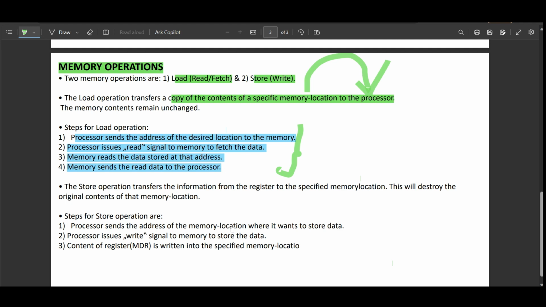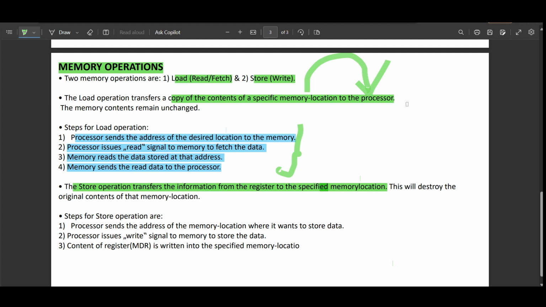It depends upon the operation. If the result needs to be stored in the memory, how it will be stored, that is the store operation, and we will see that in detail. Store operation transfers the information from the register to the specified memory location.